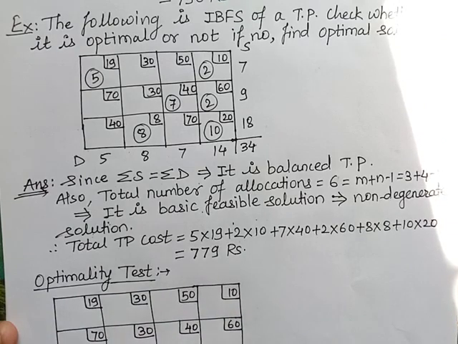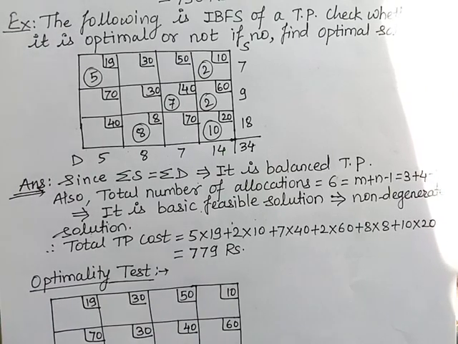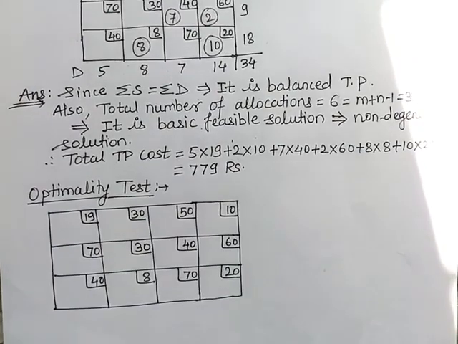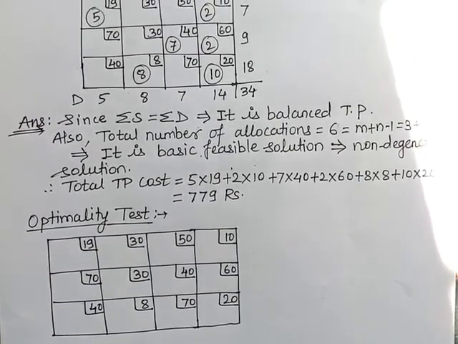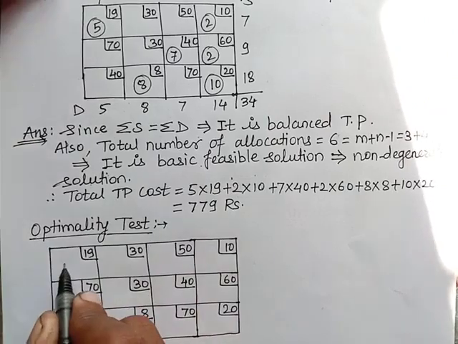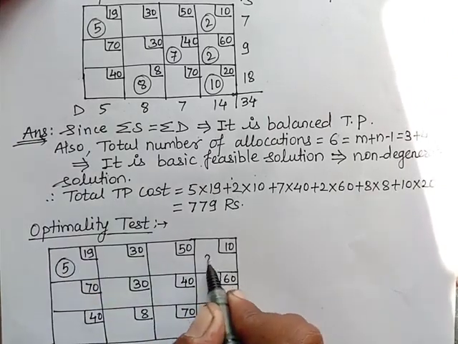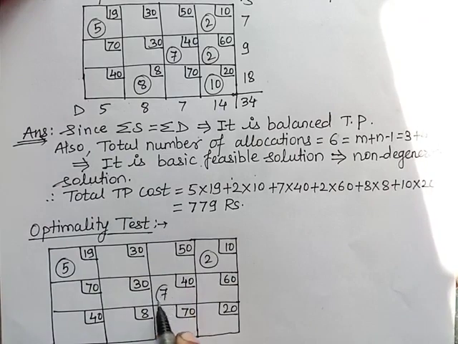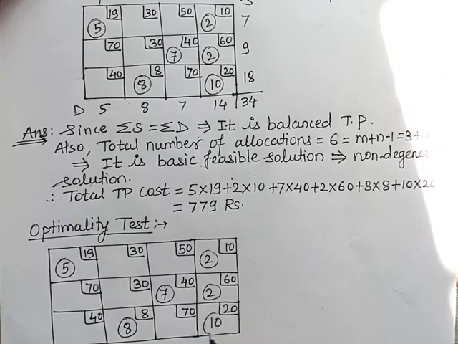Here it is 40, it is 8, it is 70, and 20. Okay, now here this is the table. Fine. Now here let me do the allocations so that we can go further. This is 5, this is 2, 7, 2, this is 8, and 10.